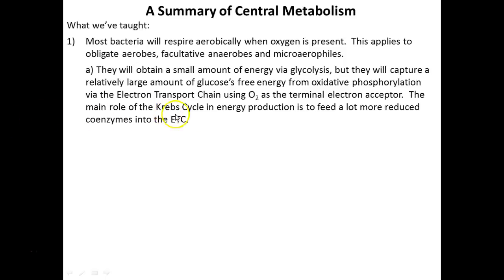The main role of the Krebs cycle in energy production is to feed, remember, all those electron carriers, all those electrons from breaking down glucose to the electron transport chain. That's where the bulk of the ATP is produced.